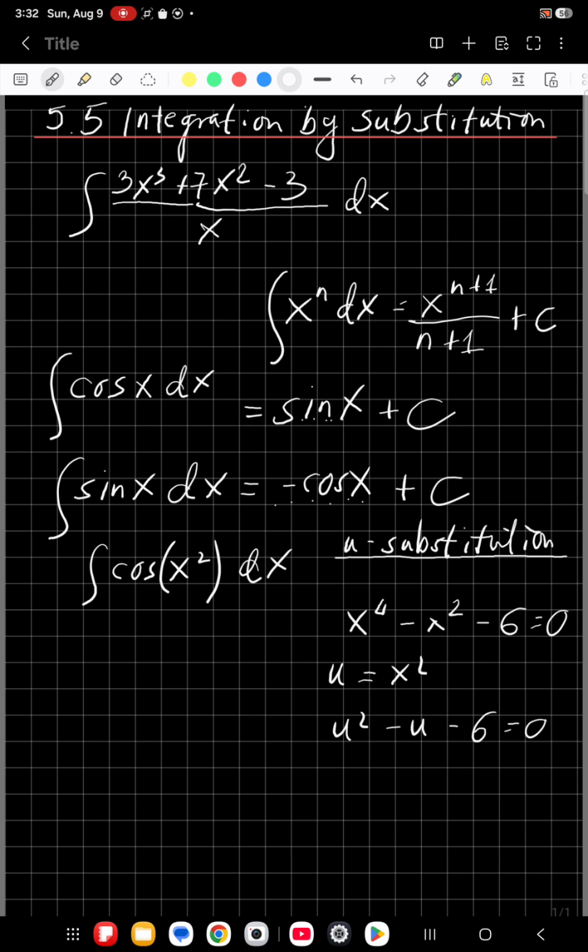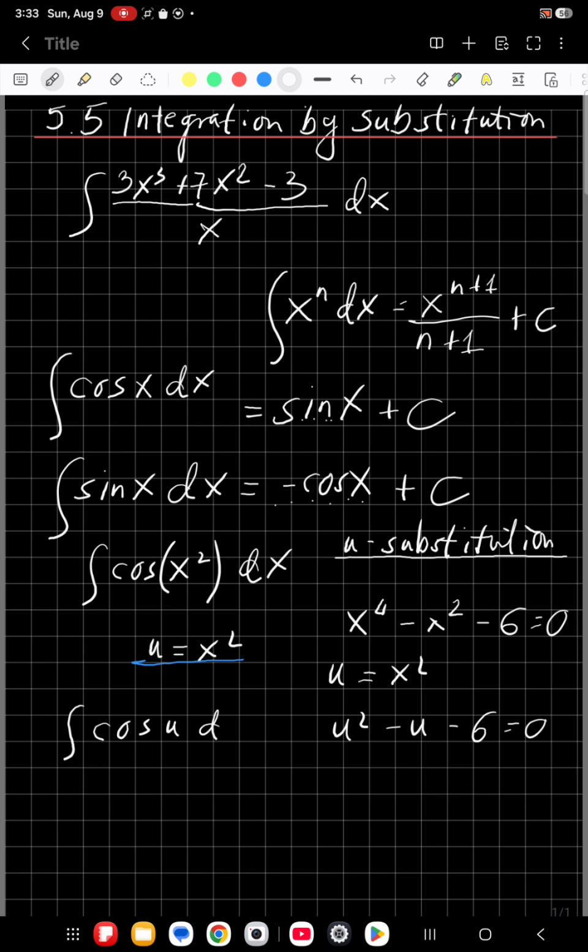The idea is similar. In that case, you would take that u and substitute back for x squared. Let's try it and see what happens. I'm taking x squared and replacing it with u, so I have cosine u.